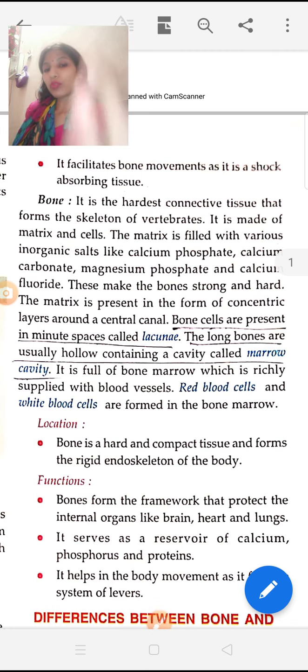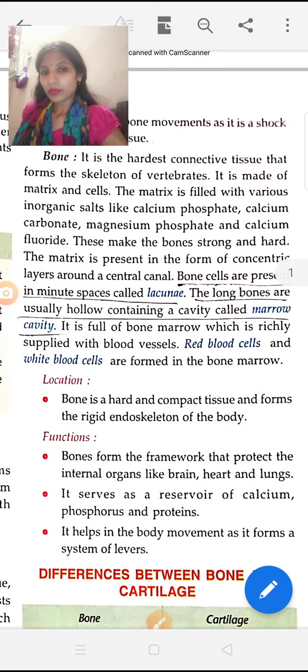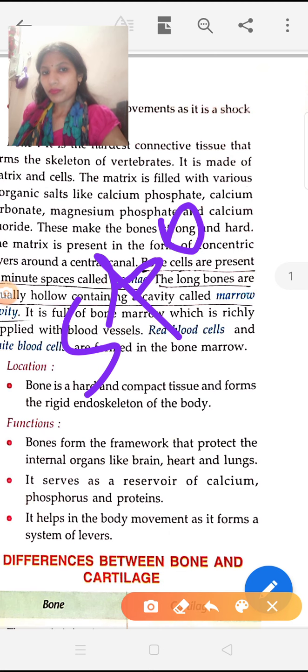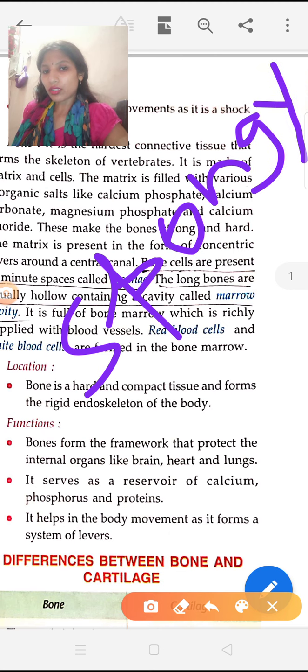And again the bones are of two types, the spongy and the compact.